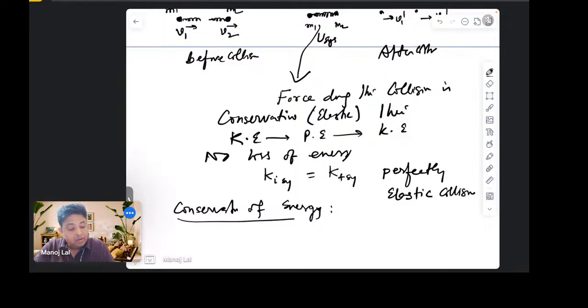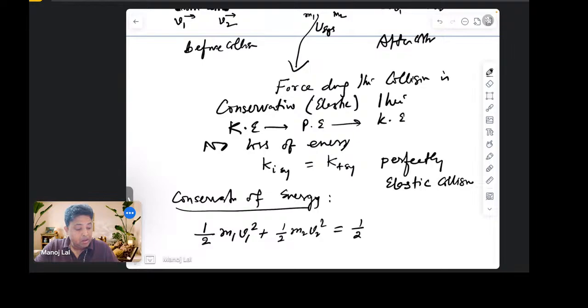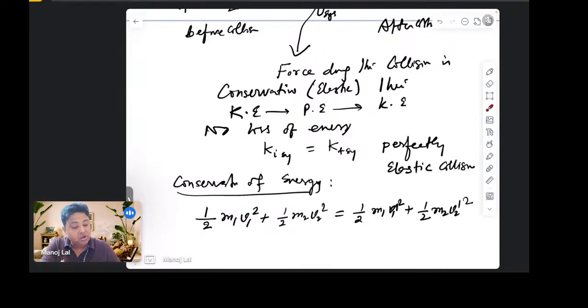So I can say before: 1 by 2 m1 v1 square plus 1 by 2 m2 v2 square is equal to 1 by 2 m1 v1 dash square plus 1 by 2 m2 v2 dash square. Means this is the perfectly elastic collision, no loss of energy, initial energy is equal to final energy.